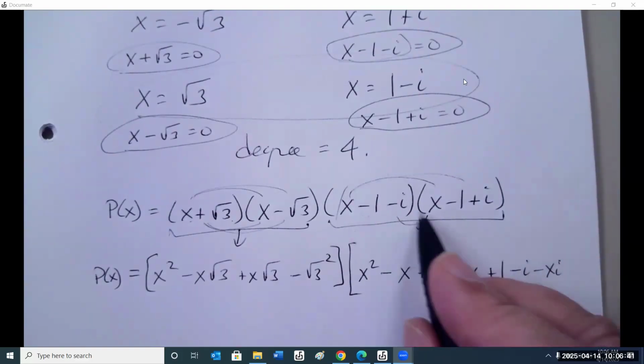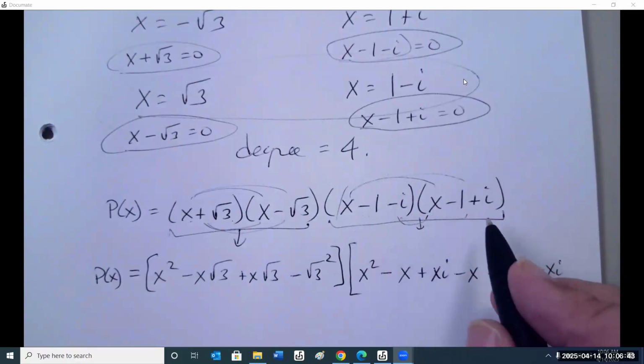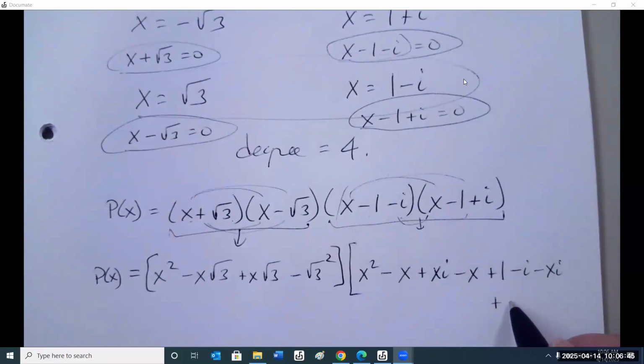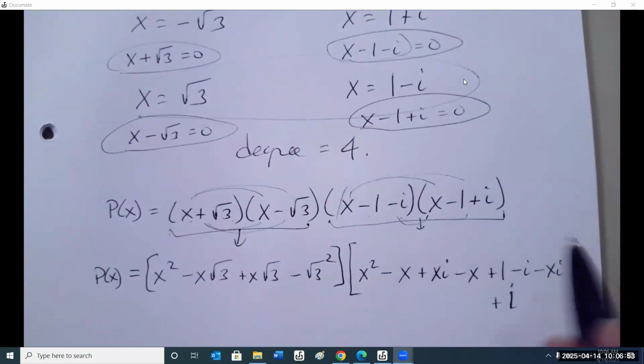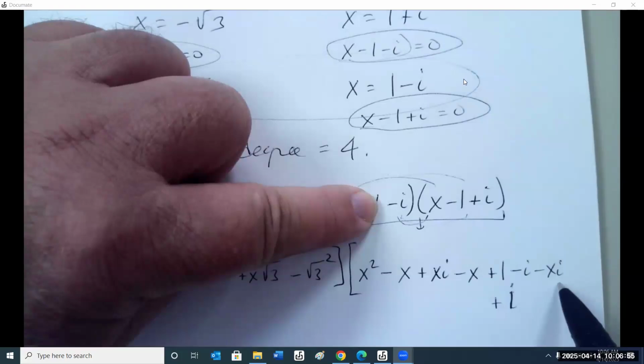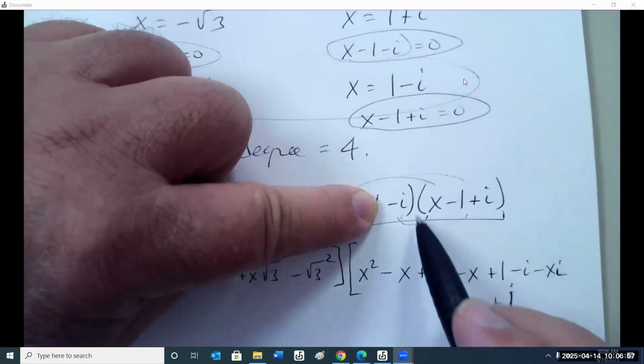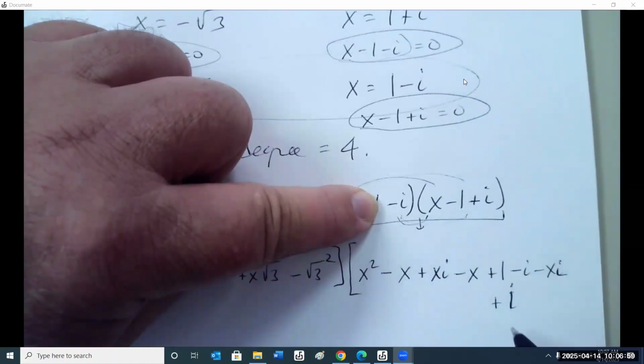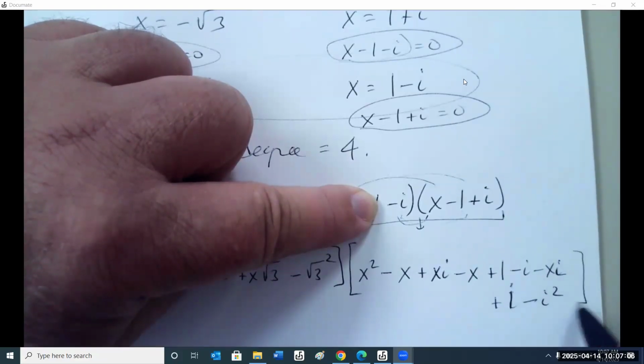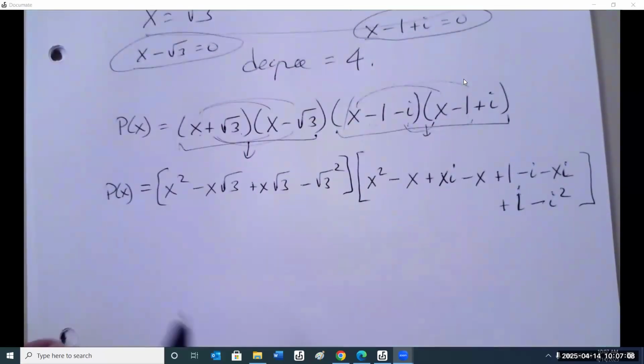Minus xi plus 1 plus i. So this is negative xi. This becomes negative, a positive i, negative i squared.